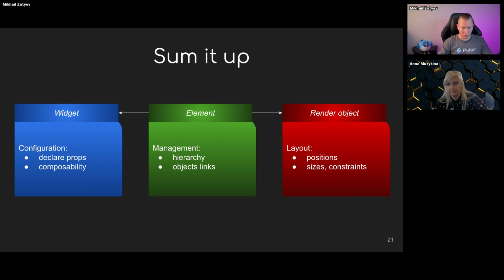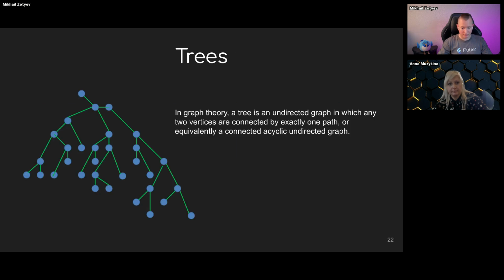And when we talk about those three things, widget, element, render object, people quite often use the word tree. And since we are in a technical area, programming, everything that we properly name has some meaning behind this name.